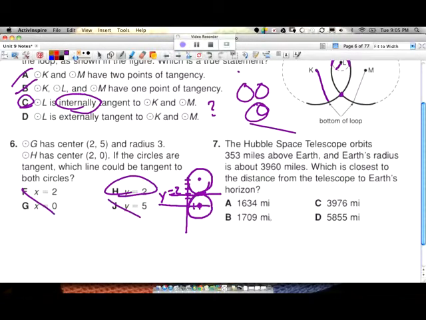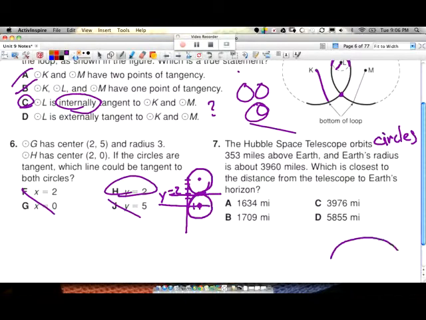Not the other one. The Hubble Space Telescope orbits, or goes around in circles, because we're talking about circles, 353 miles above Earth, and Earth's radius is about 3,960 miles, which is closest to the distance from the telescope to the Earth's horizon. Alright, I think we need a picture, because I'm already confused. The Hubble Space Telescope orbits 353 miles above the Earth.